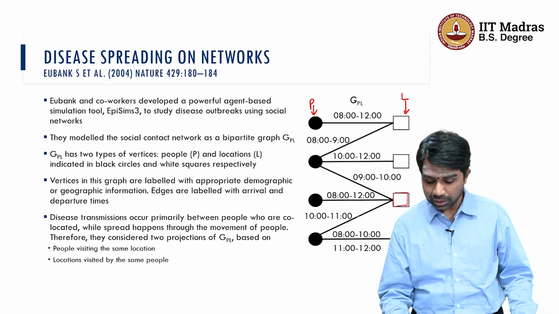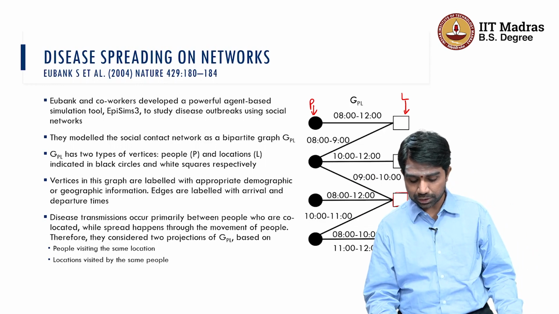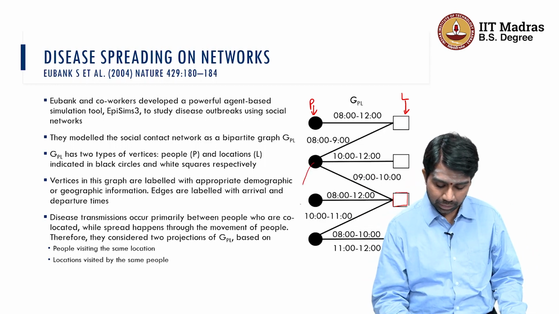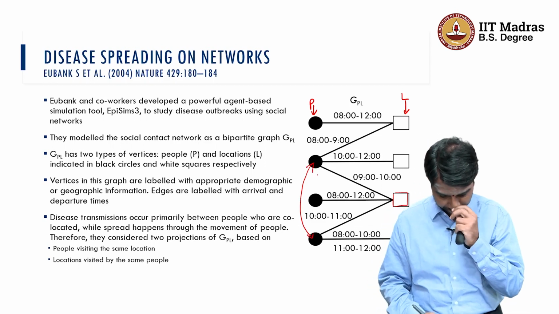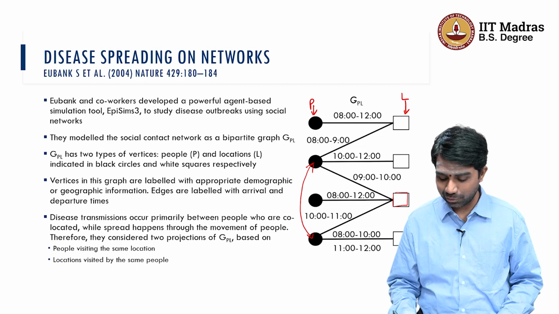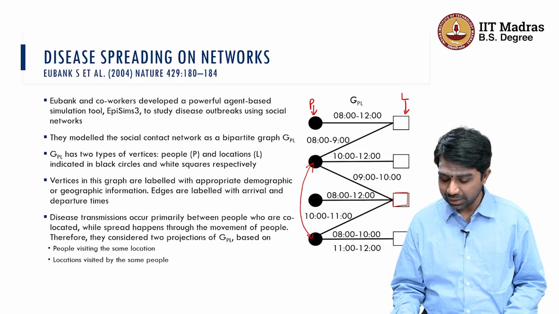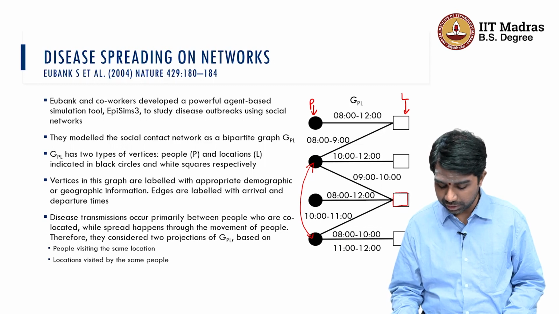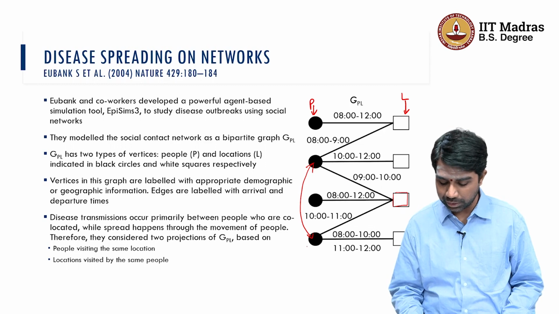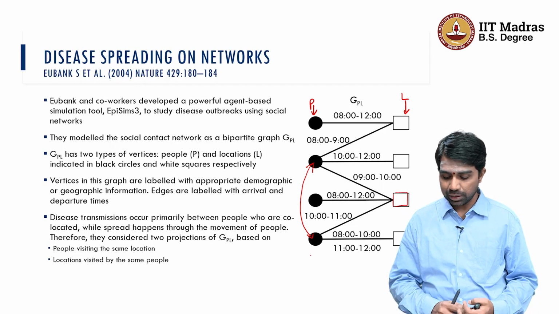And even though all three of these people visited this location, there is no place where these two people met each other, right? Except for that incident at 10 a.m. if you are really particular. But basically they did not overlap at all, because when this person left this location is when this person entered this location. So there is no way there could have been a disease that is spread between these two.